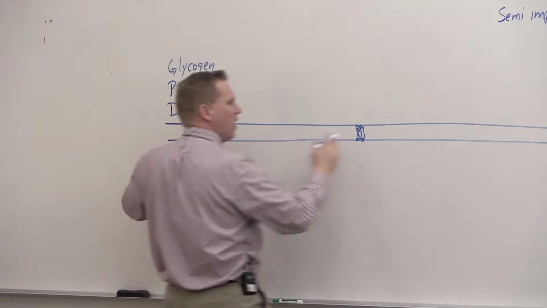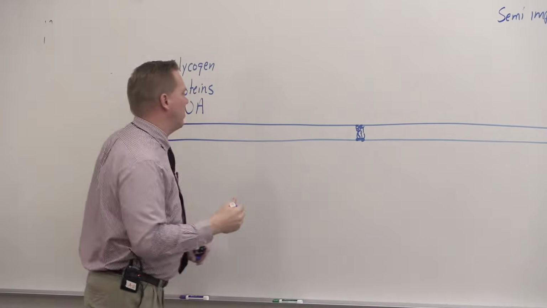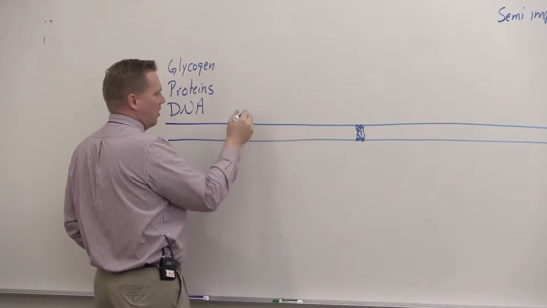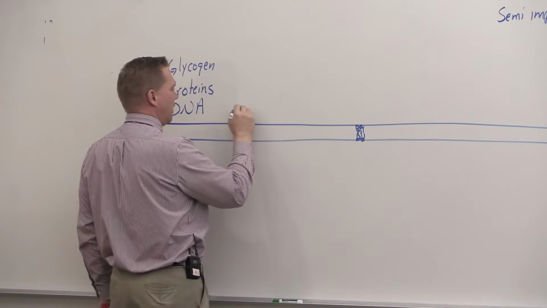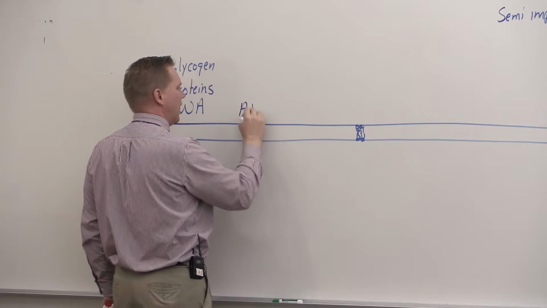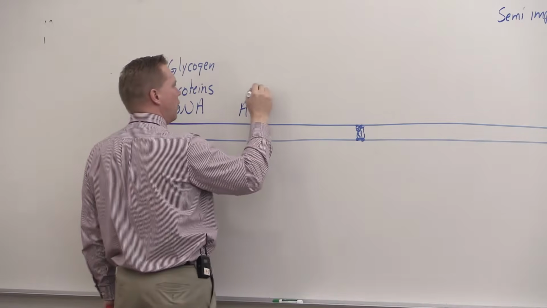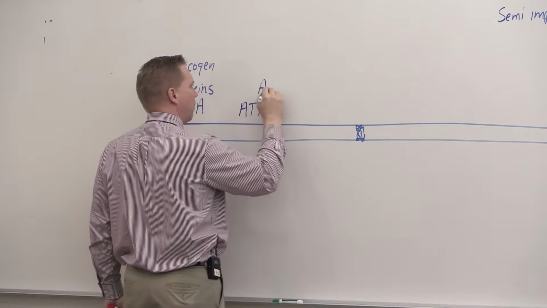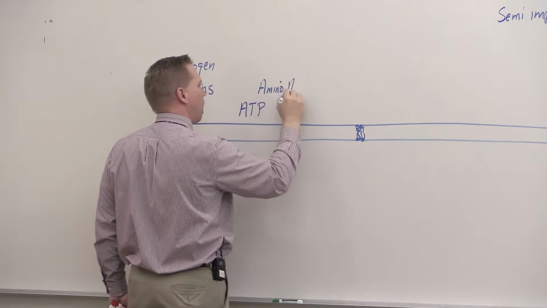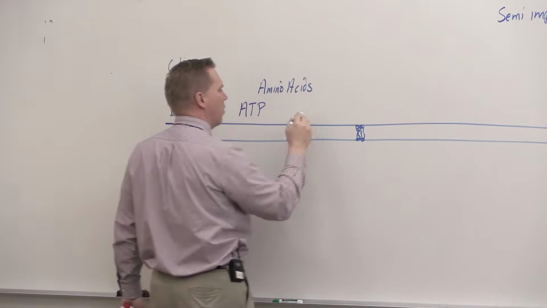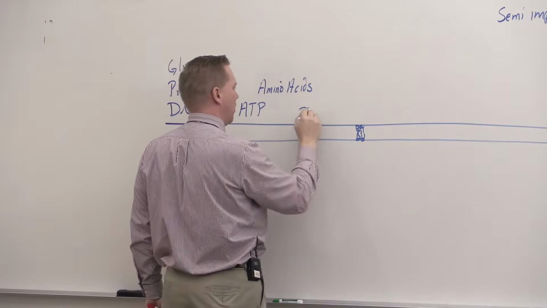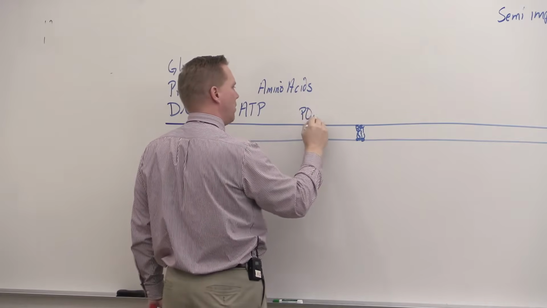And then we have this kind of range in the middle of things. So if we were to add some other things up here, we might put down things like ATP or amino acids. We might have something like a phosphate ion.